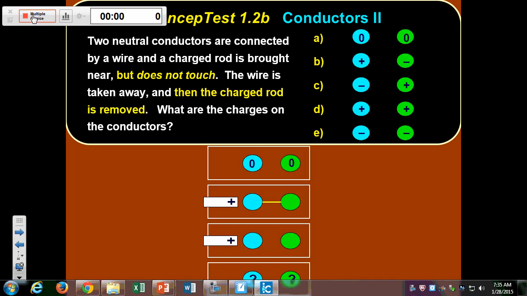Two neutral conductors are connected by a wire right here, and then you bring a positive charged rod, but it doesn't touch. The wire is taken away, and then the charge is removed, or the wire is removed between them. What are the charges on the two conductors?